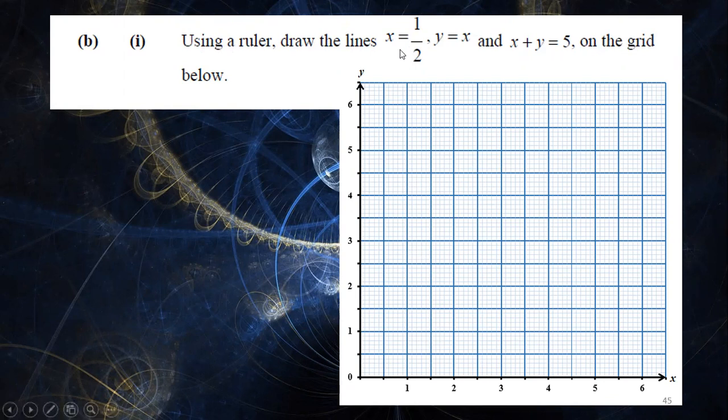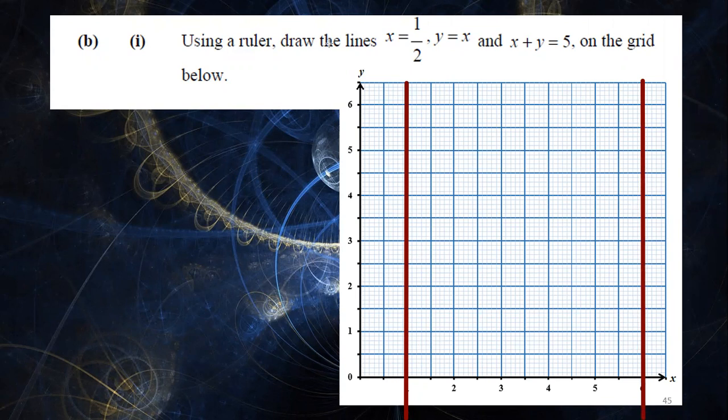So let's draw the line x equals 1/2. Remember before we said x equals anything is going to be a vertical line. If you want to do the line x equals 1, it's going to look like this, coming straight down. x equals 6 is going to be this line.